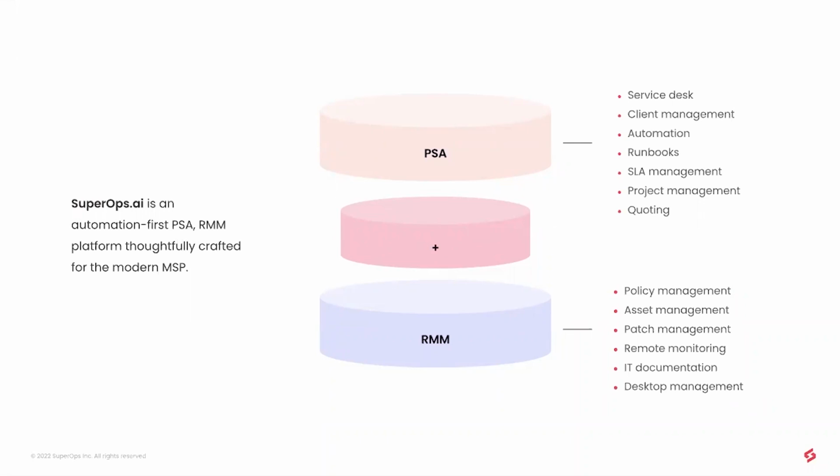And not just the PSA and RMM, but also other aiding functionalities like project management, IT documentation, and reporting as well. So we have bundled all of the core functionalities of an MSP into a single platform, and that is what we want to provide to the MSP industry.